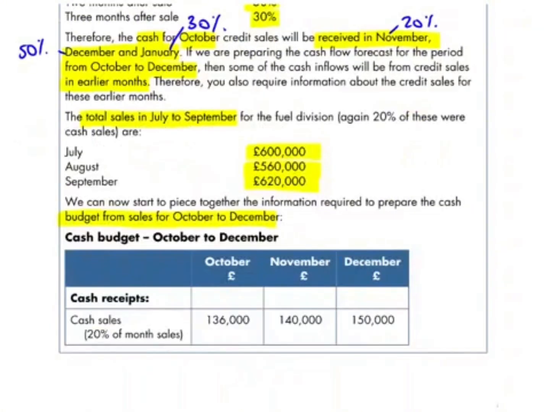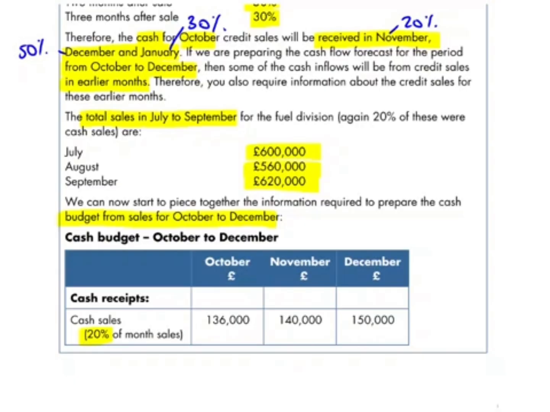The easiest starting point is to work out the cash sales that we have made in each of those months, because, as I said earlier, we're going to receive the cash the moment we make the sale. Remember that we have 20% of monthly sales made as cash sales.